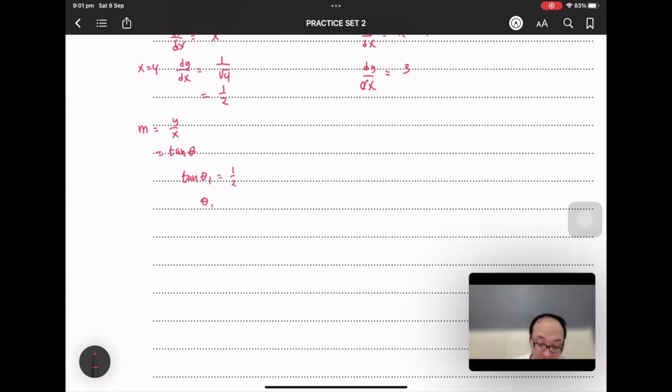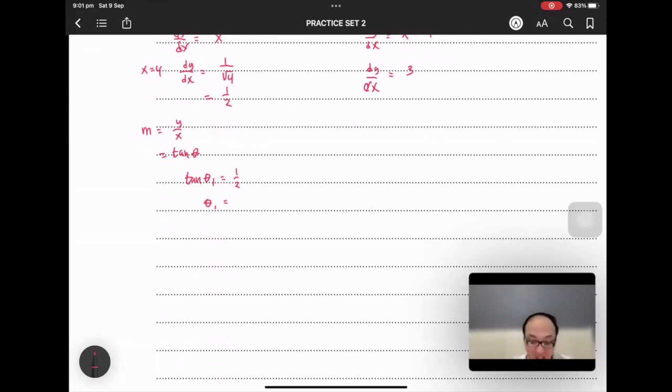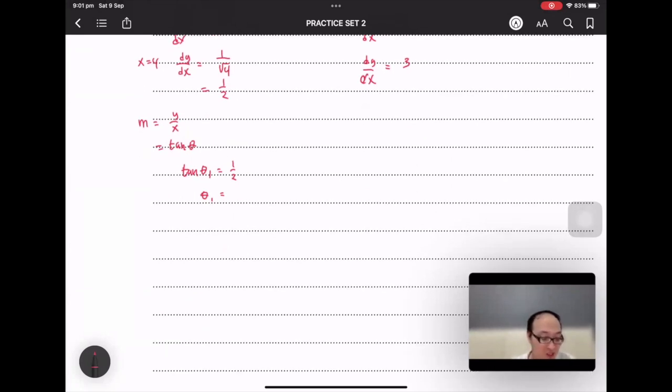So theta 1 should be tangent inverse of half, 26.57 degrees. And then for the second one, tangent theta 2 will be equals to 3. So theta 2 will be tangent inverse of 3, which is 71.56.